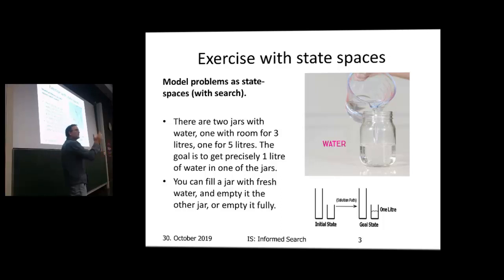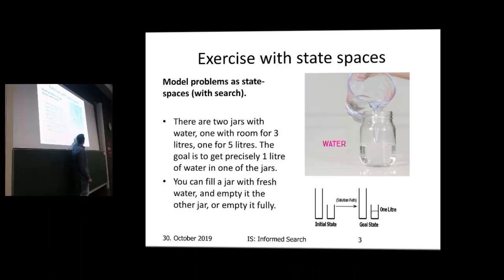So now we can, of course, start thinking how we would solve that. We'll do that later. But first, let's think about how we can represent this as a state space representation. So how can we describe how a situation is and how a situation changes according to actions that we can take. So take a couple of minutes, try to understand the problem. So there is the graphic.